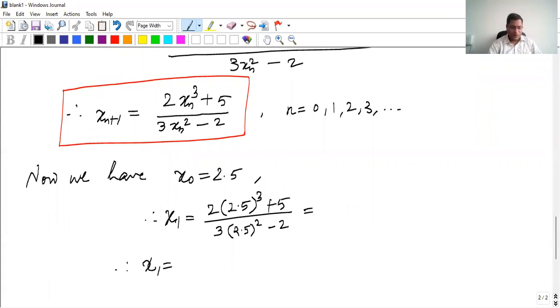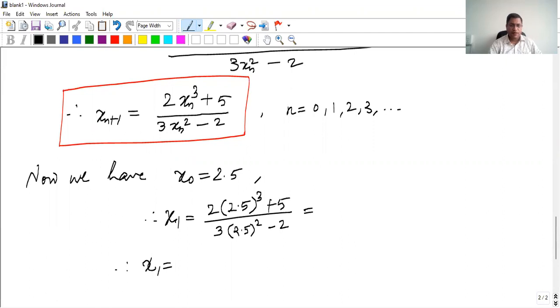Okay. So now what you have to do is write this in fraction, and you have to write the expression we have as a function. So 2 into x cube plus 5, and the denominator we have 3x square minus 2.